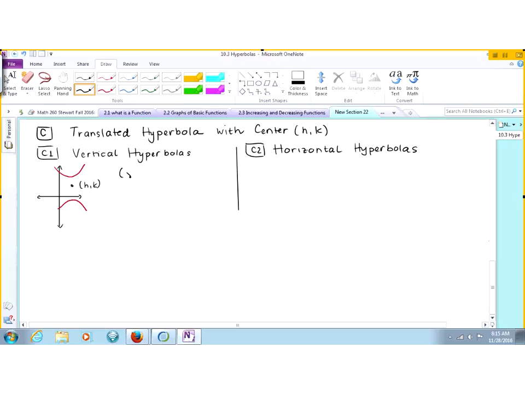So what do you think the equation will be? Y minus K squared over B squared minus X minus H squared over A squared. Okay. Good.